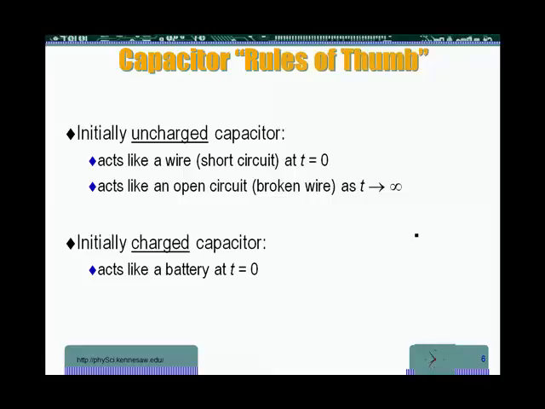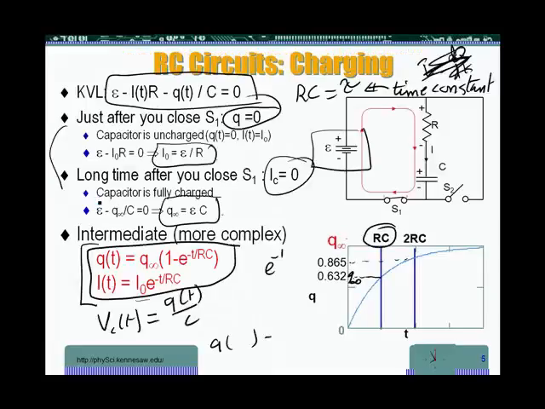Rules of thumb. The capacitor is initially uncharged, it does not have a charge. The minute we turn on the switch, it acts like a wire, like it's not there at time t equals 0. What do we mean it acts like a short circuit?